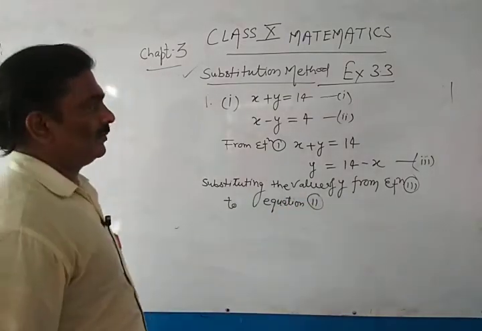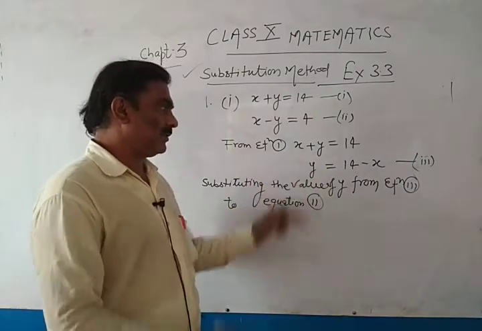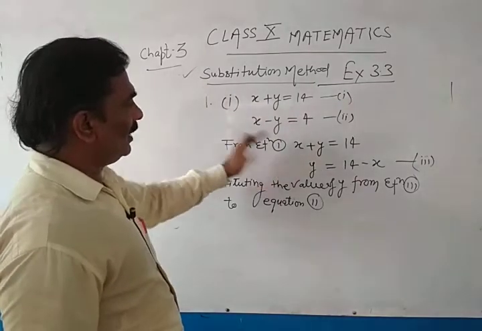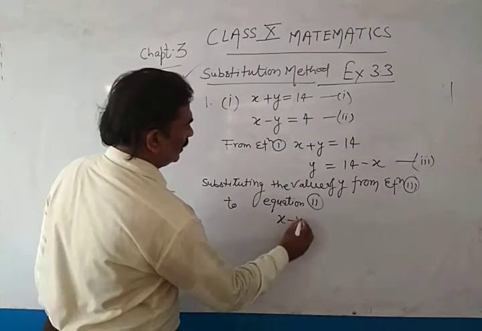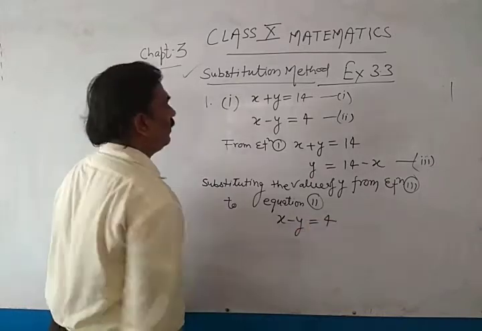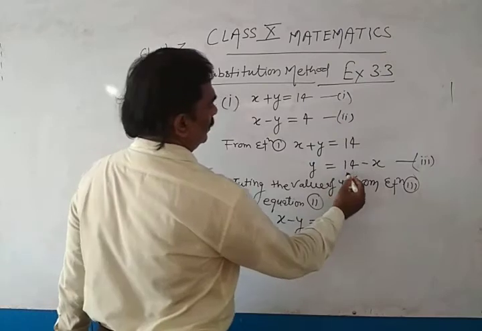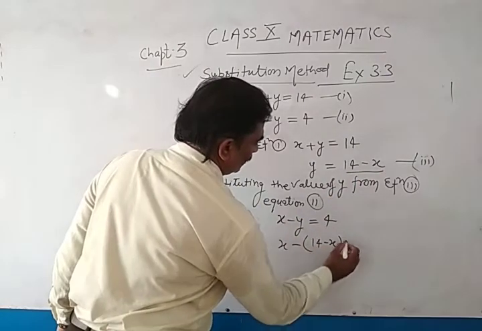You should remember, we will put the value from equation 3, which comes from equation 1, into the 2nd equation, and the 2nd is x minus y is equal to 4. When we put the value of y is equal to 14 minus x, here under bracket 14 minus x is equal to 4.